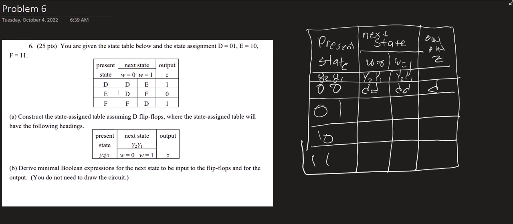So D is 0, 1. Wherever we see D in this table, we put 0, 1 in this table. E is 1, 0.